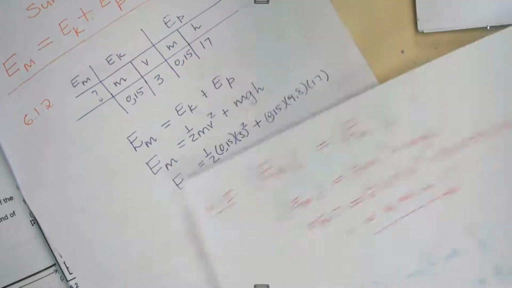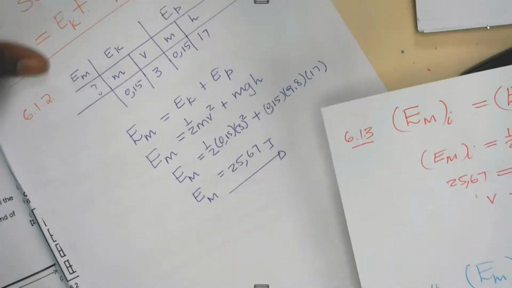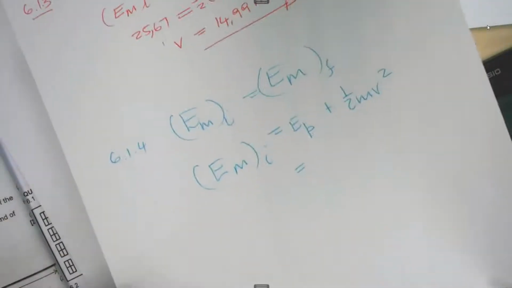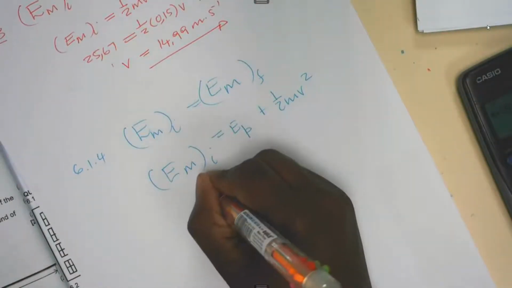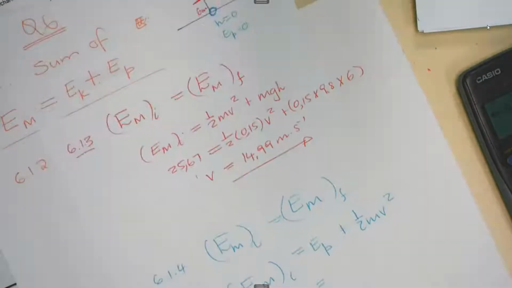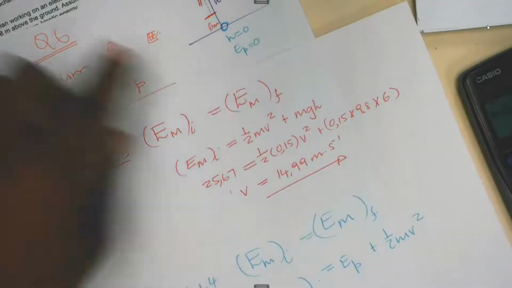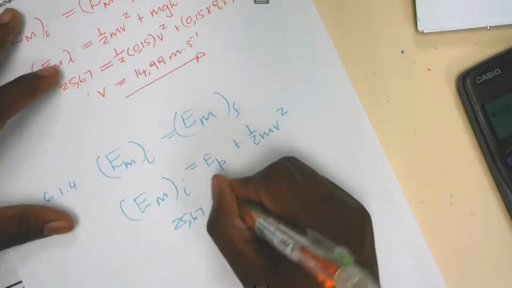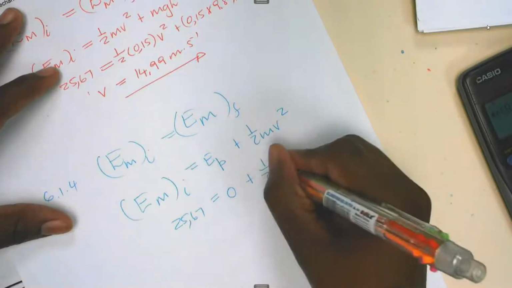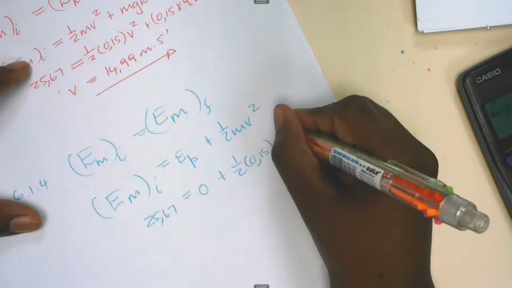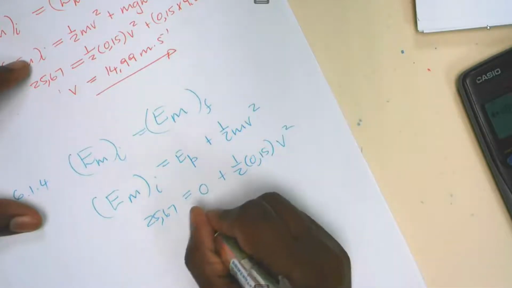In this case our EMAC is 25.67. And I already explained that when the object has reached the ground, the height is 0. That means EP will be 0. Then half times the mass of the object, which did not change, and we just calculate the velocity.